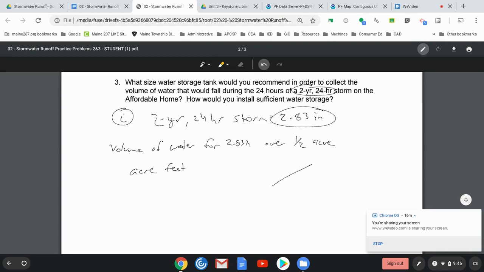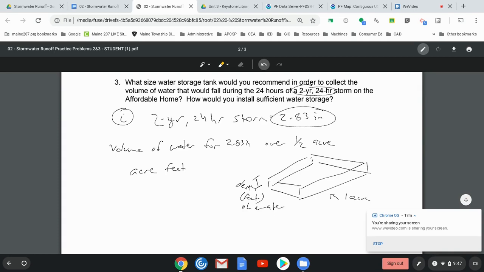To draw a quick sketch, if this represents 1 acre, and then the depth right here is the depth of water measured in feet, that's how it turns into a volume. It's kind of like a cube, or some kind of rectangular prism.